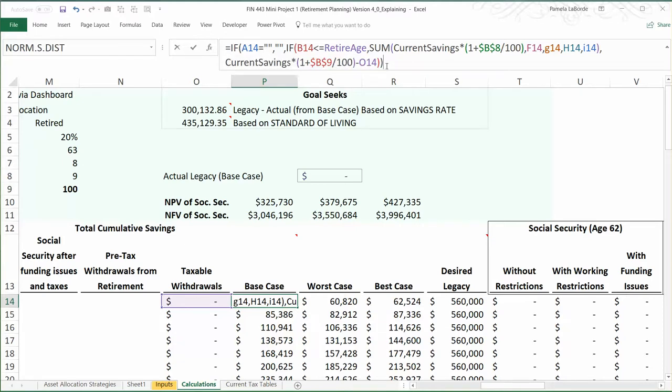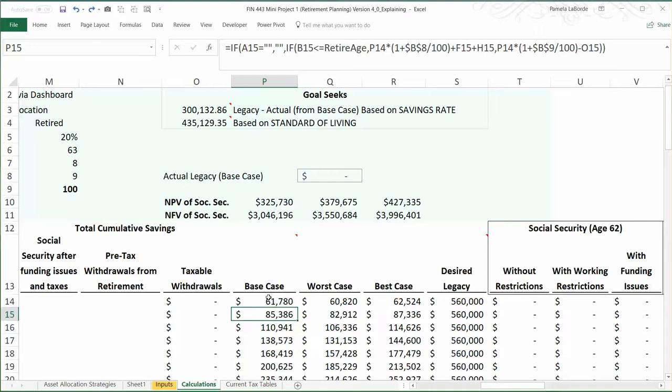So I'm just going to hit return, and I'm going to copy that down. Oh shoot, I shouldn't have copied. Don't copy that down because the second year is different. Only the very first year do I reference current savings. After that, I'm taking the previous year's balance and just incrementing it by the rate of return.